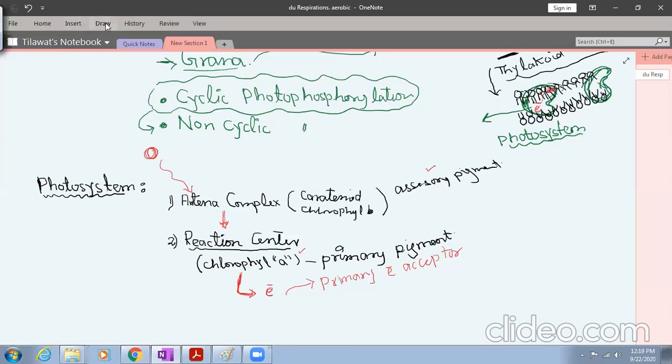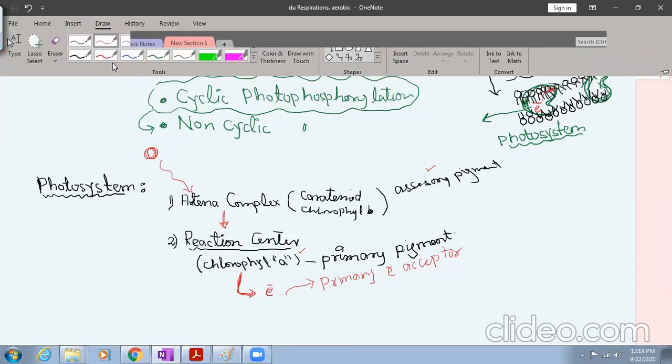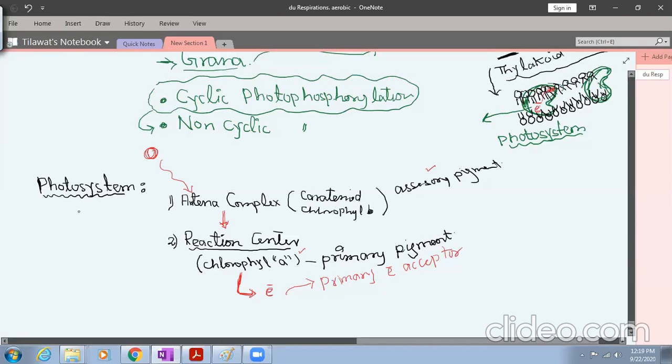But the problem is we have two photosystems. We have two types of photosystem in this membrane. One is called photosystem 1, and another is called photosystem 2.